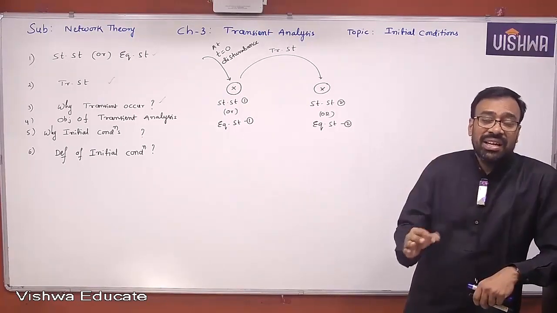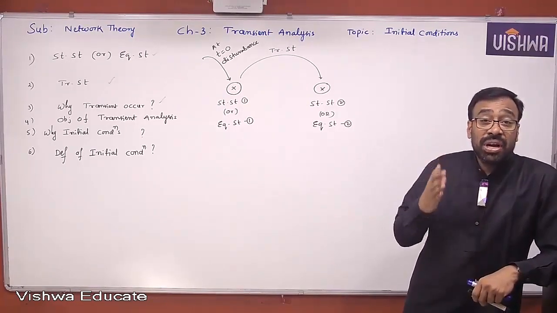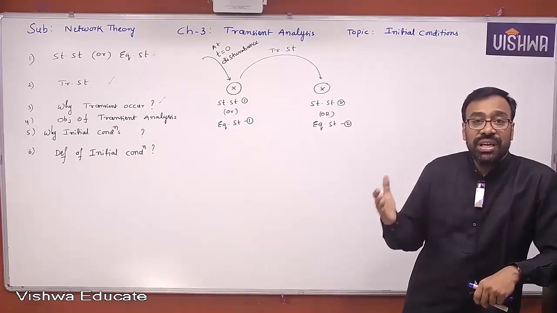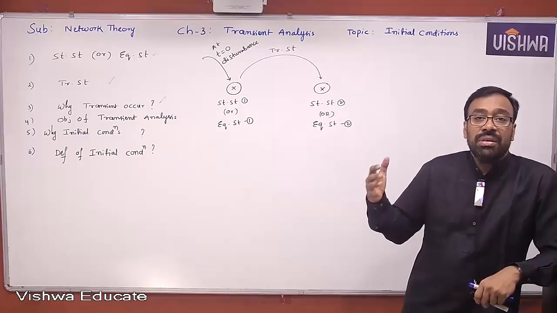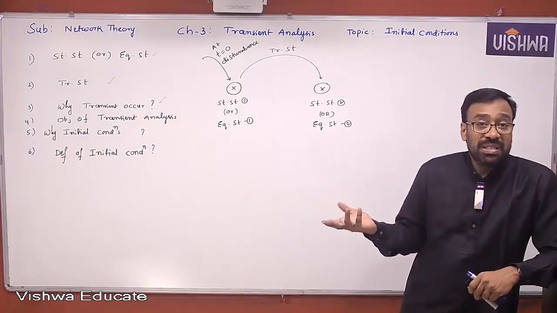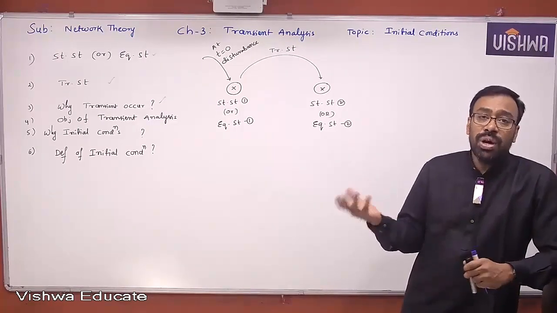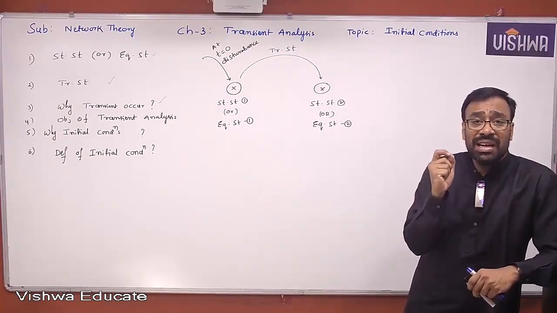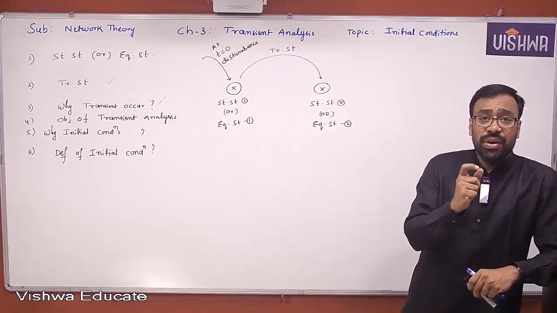And wherever there is inertia, they may not accept sudden change in their respective variable. It might be a displacement, it might be a current, it might be a voltage. Yes or no, all of you, okay? So this is the main reason why the transients occur. Understand, all of you, okay?